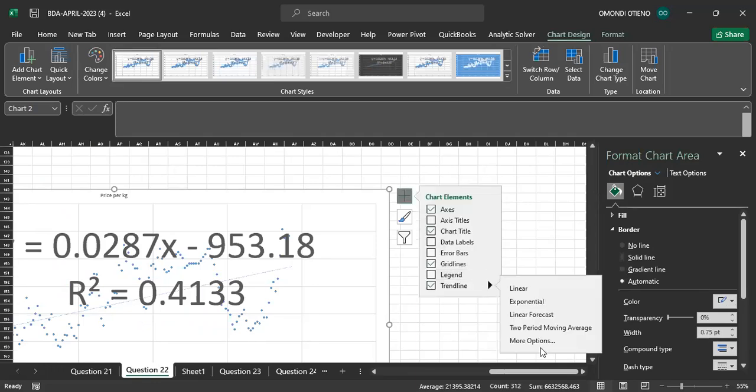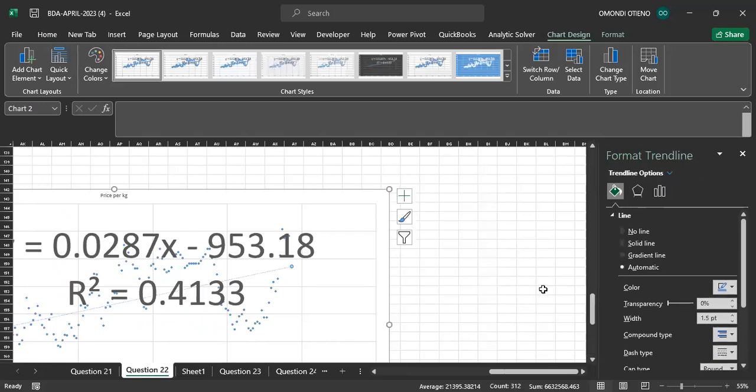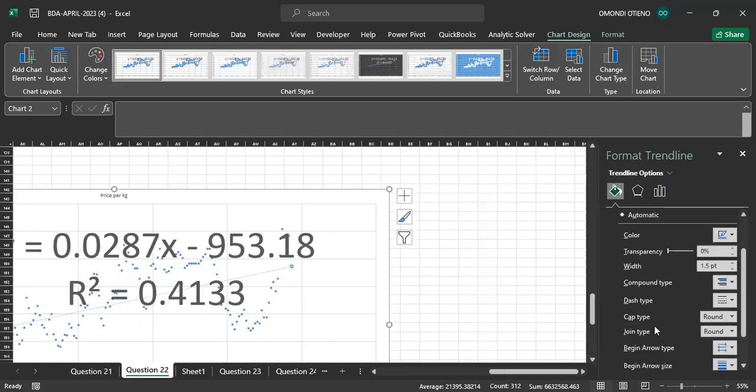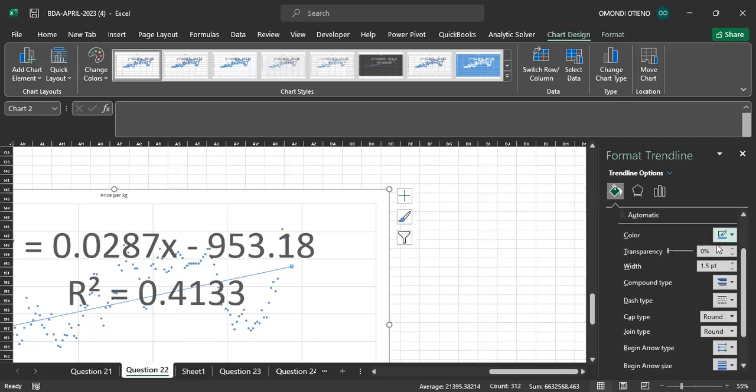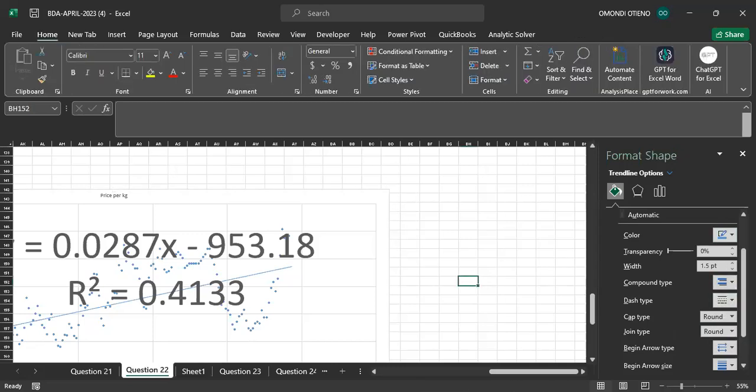So here, you come and use the complete dash type, so that it can be visible. Good. Are we arriving at the same thing?